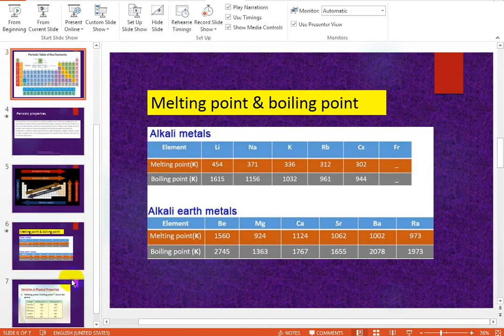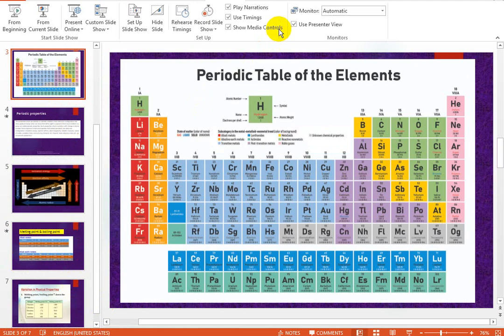What happened in this group? Here lithium has the highest melting point, then sodium, then potassium, then rubidium, cesium. Lithium is smaller in size, then sodium, then potassium, then rubidium.